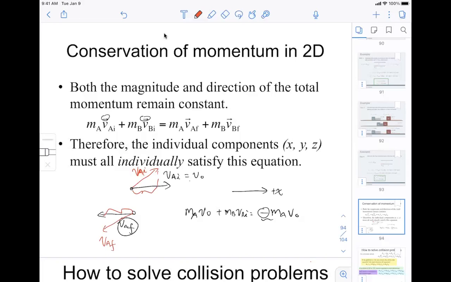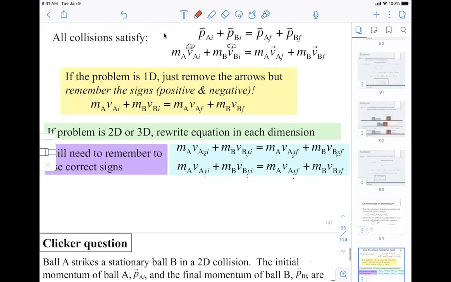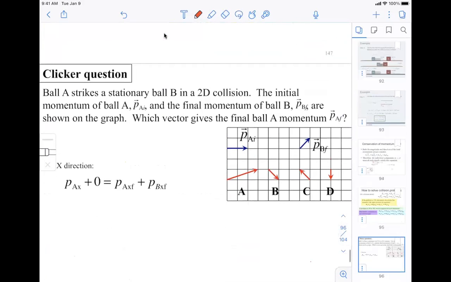Everything else stays the same. So let's use some concrete problems to see this. Here we have a question. You have two objects, A hits B. It's a 2D collision. The initial momentum of ball A is indicated by this arrow right here.